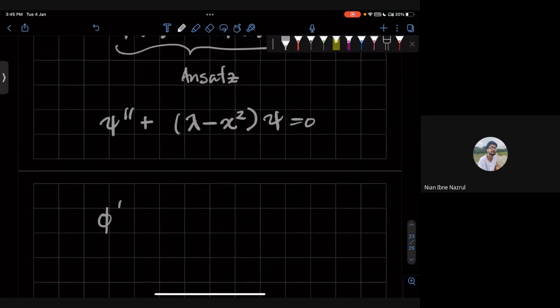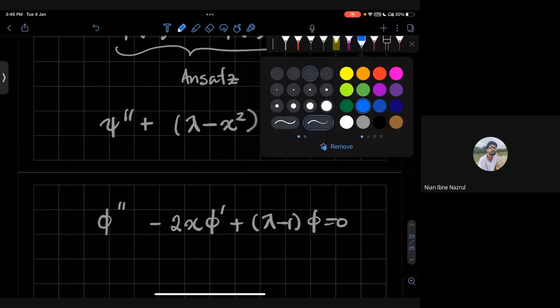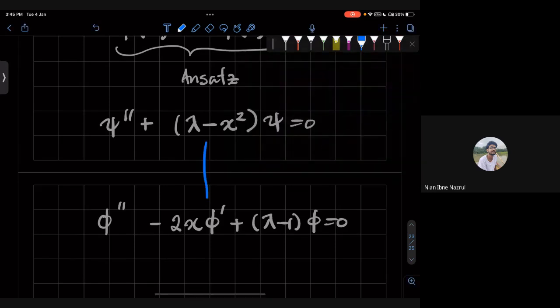The equation is phi double prime minus 2x phi prime plus (lambda minus 1) phi equals 0. Okay, I'm not deriving this because I am assuming that you are able to do this.